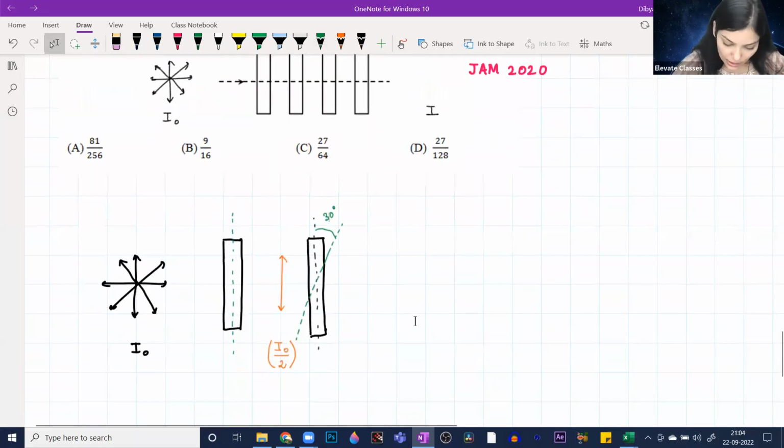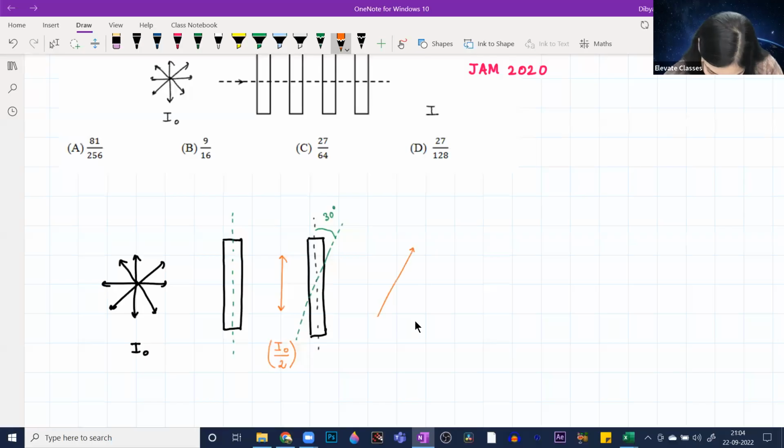So now what output I'll get, an output which is going to be parallel to now this axis, and the intensity is going to be equal to, if I say this is I1, so this I2 is going to be equal to, this is my first polarizer, this is my second polarizer. So I2 is going to be equal to I1 cos square 30, okay, which is equal to I0 by 2 cos square 30.